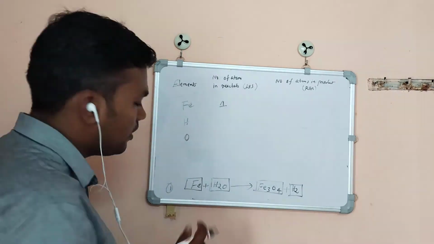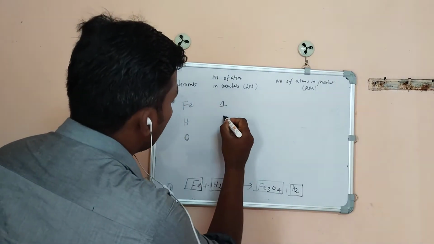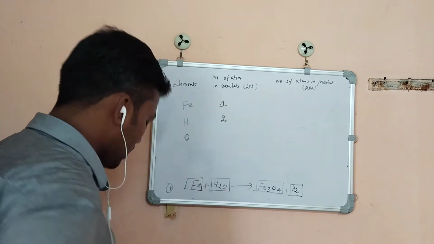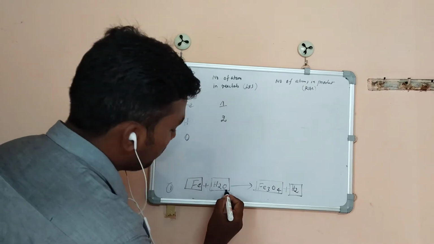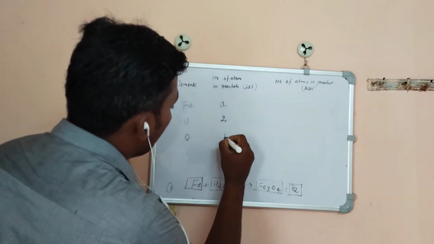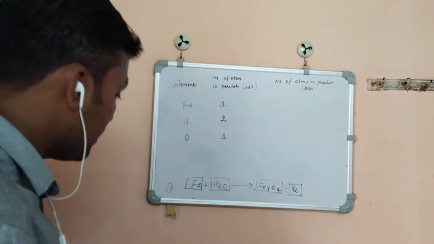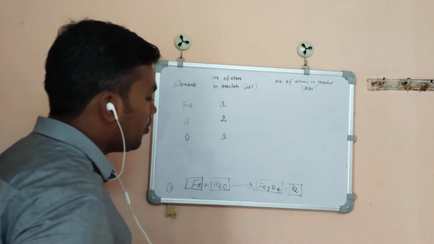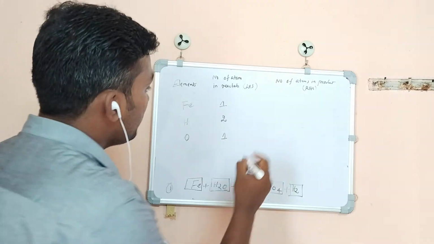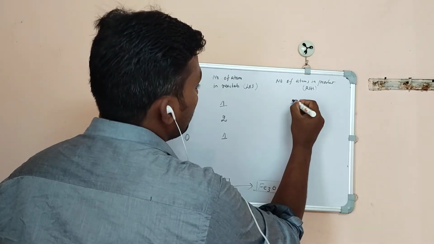How many hydrogens are there here? 2 hydrogens. How many oxygens are there? Only one oxygen is there. But in case of the RHS, how many Fe are there here? 3 Fe.